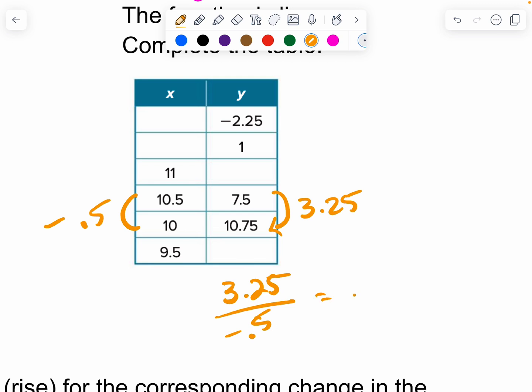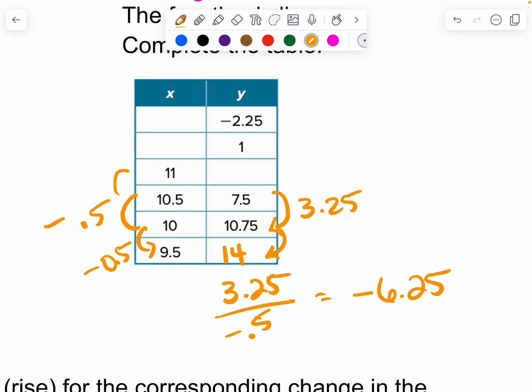So for each one, if it were going by 1, it goes down by 6.25. But look at this. This went down by 0.5. So that means this is going to go up by 3.25. So all I do is take the 10.75 and add 3.25 to get 14.